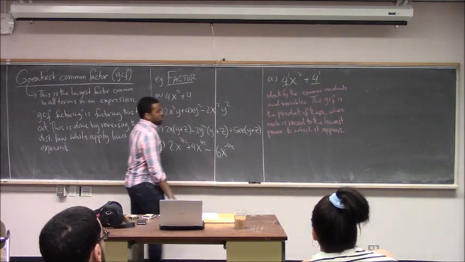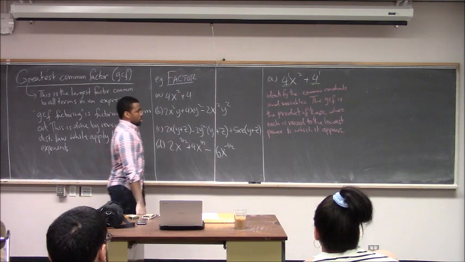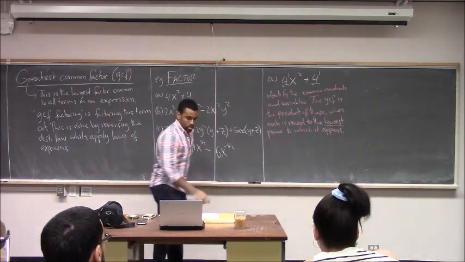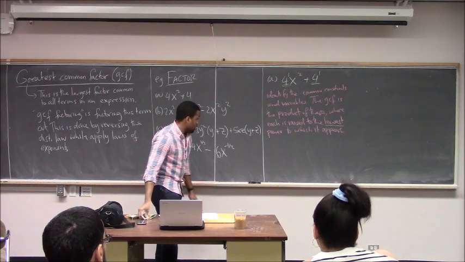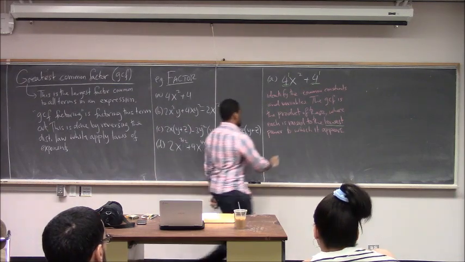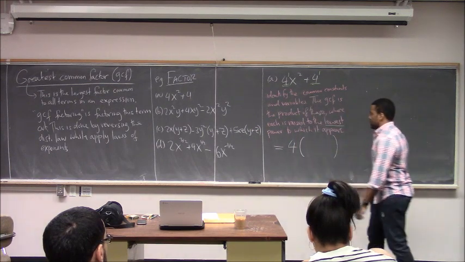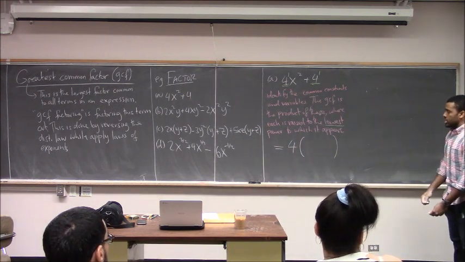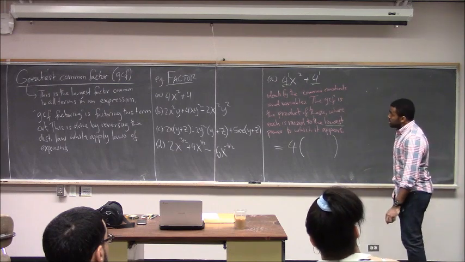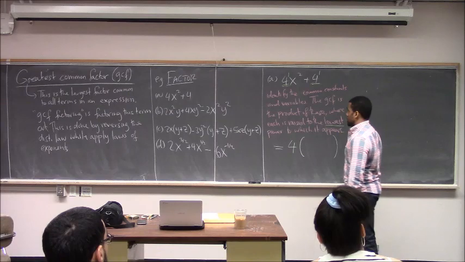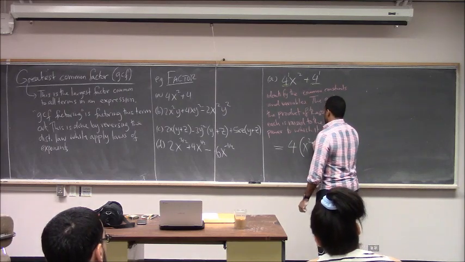We will factor out the lowest power all the time. You will always factor out the lowest power no matter what. So you pull that GCF out, you open parentheses, and you write what's left over on the inside. So what will be left over on the inside here? x squared plus 1.